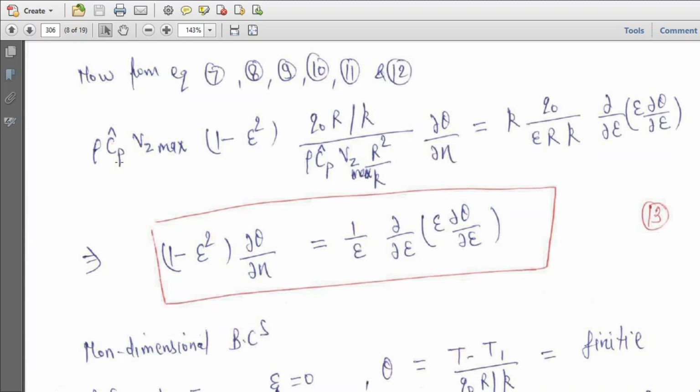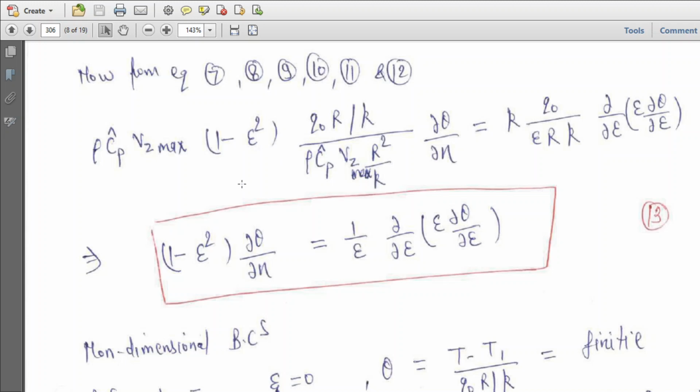This is our equation which needs to be solved: rho Cp Vz max (1 minus epsilon square), Q naught R upon K, rho Cp Vz max R square upon K, del theta upon del eta equal to K Q naught upon epsilon R into K, del upon del epsilon of epsilon del theta upon del epsilon.